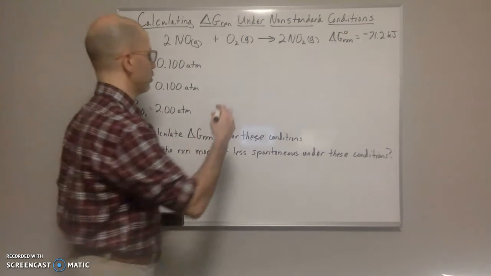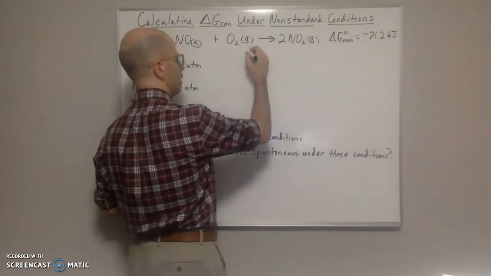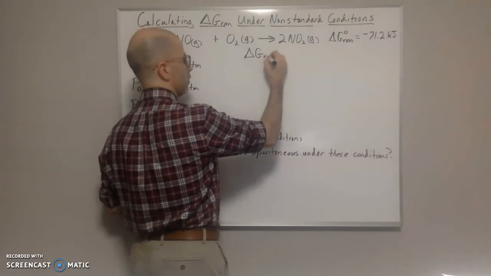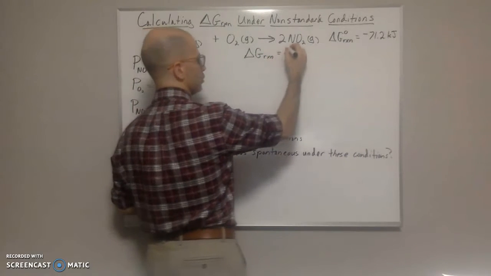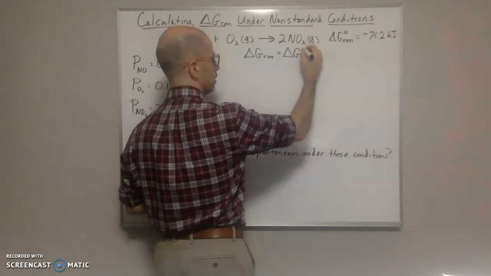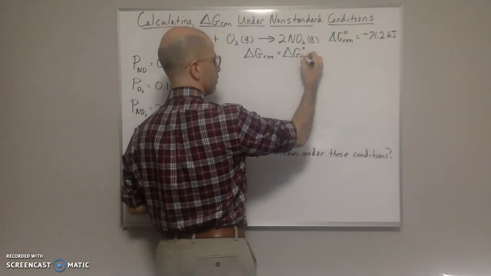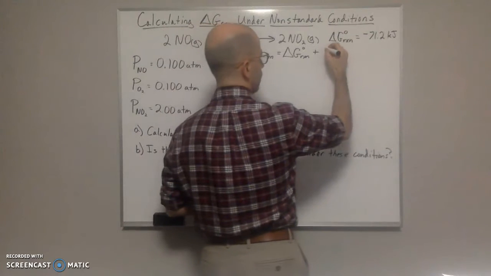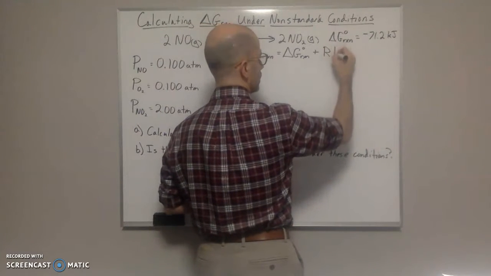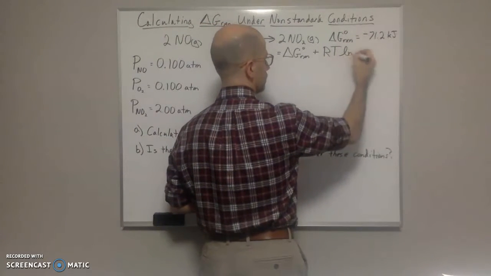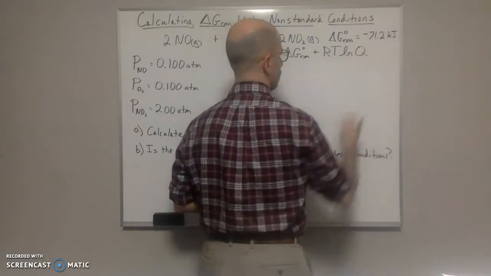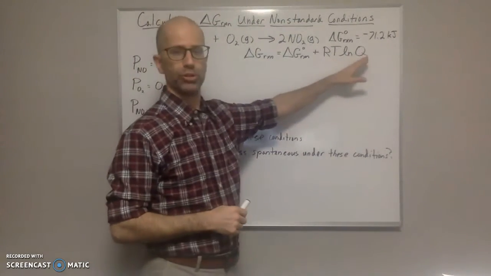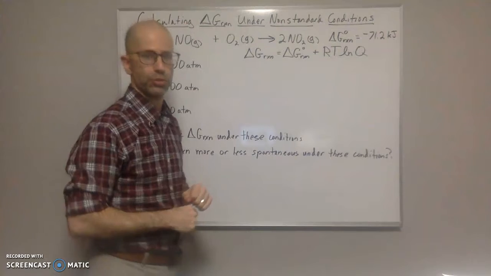And so what we're going to be doing is using the equation: delta G of a reaction is equal to the standard delta G of a reaction plus RT times the natural log of Q, where Q is our quotient that we've used before.